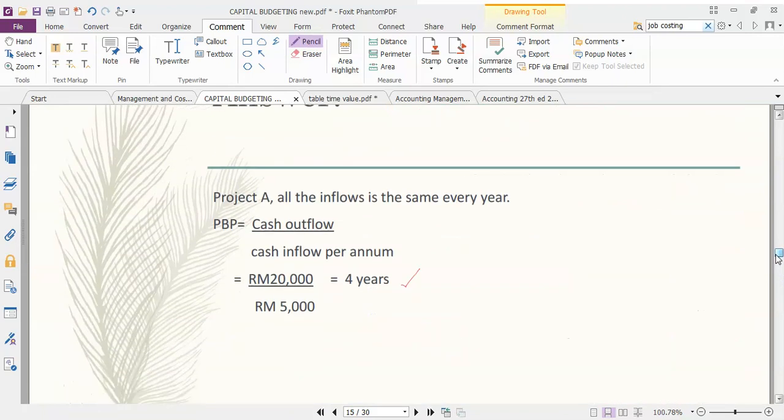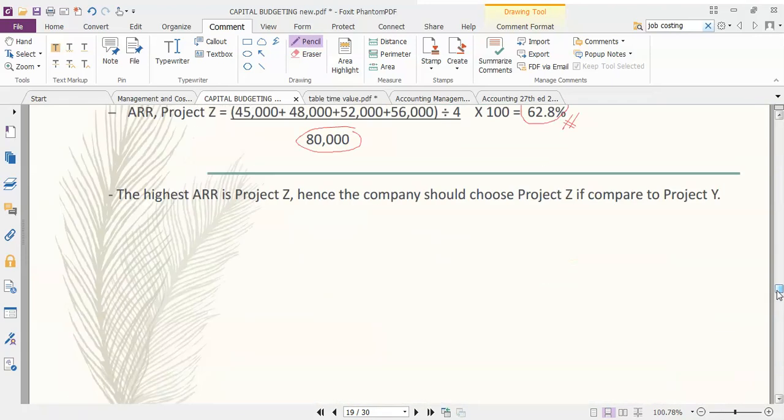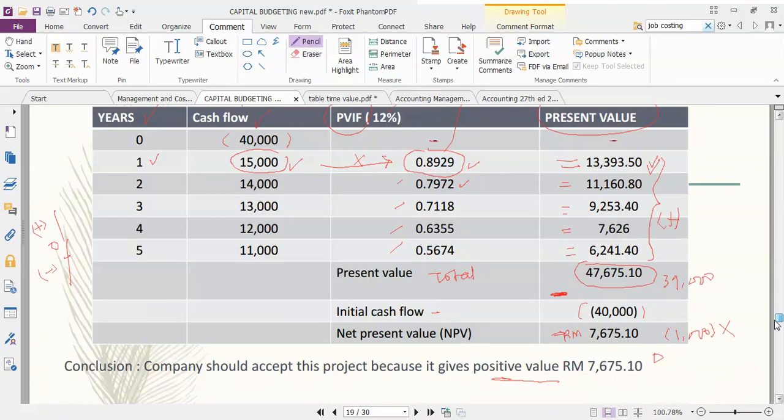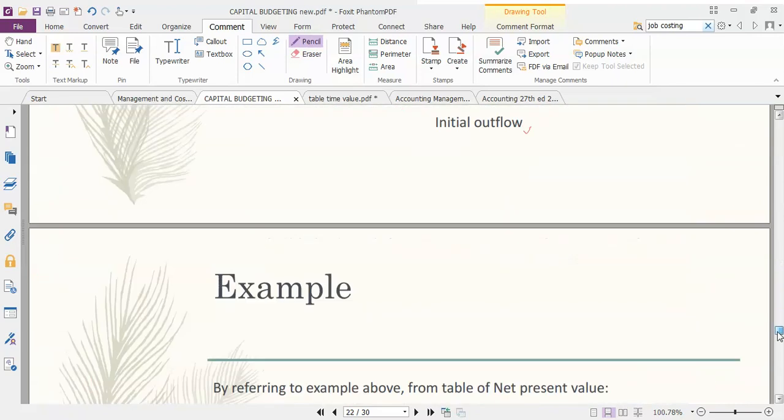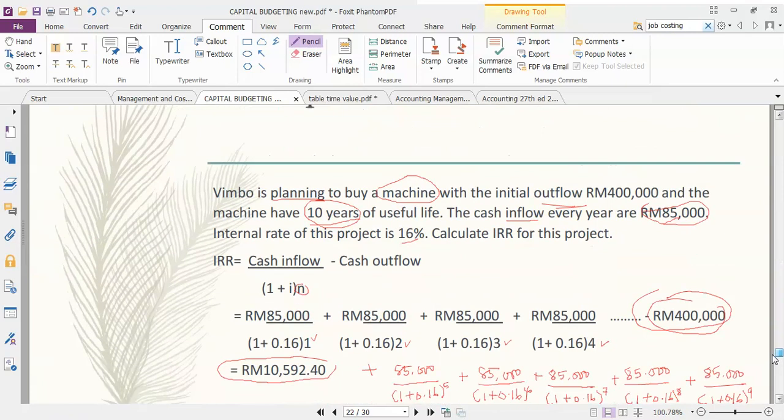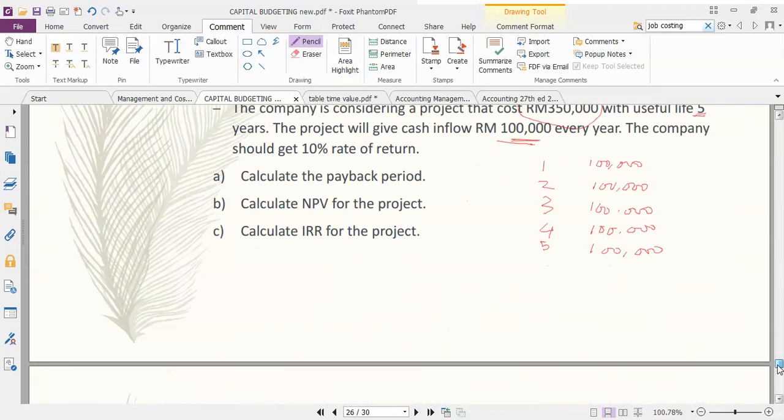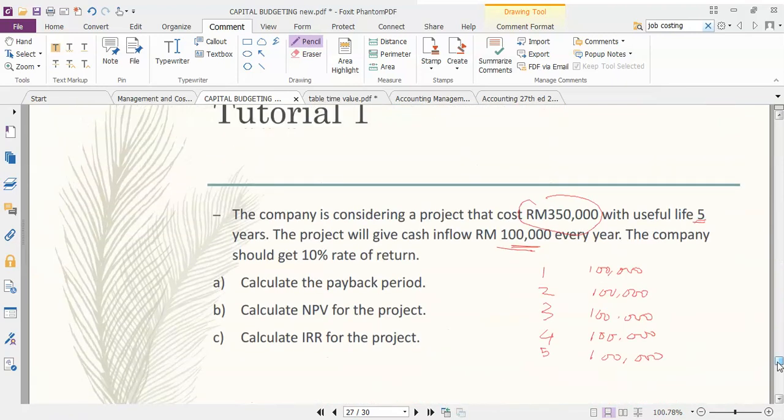Tengok. All inflow is the same every year. Constant. Cash outflow bahagi dengan cash inflow. So, you bahagikan je lah. Cuba bahagikan. Joshua. Oh, Joshua. Dah belum.